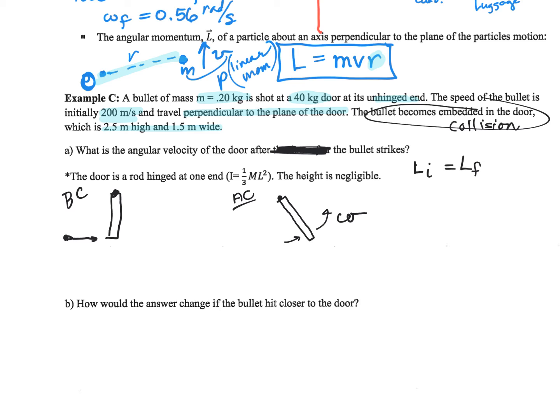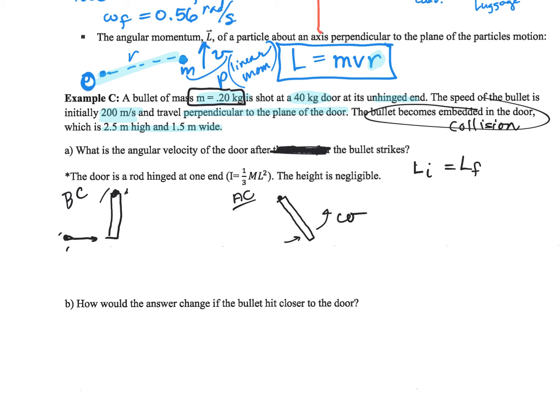Initial angular momentum, what do we know? We know the mass of the door. Do we know the velocity of the door? Yes, of the door. But we also need to know what? Remember, we've got two things here, the door and the bullet.